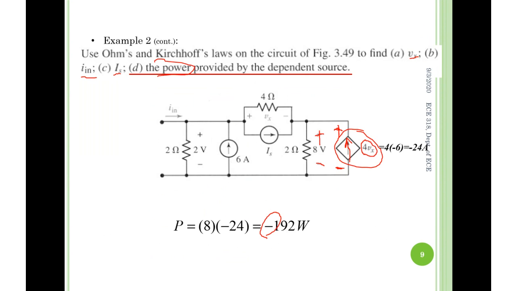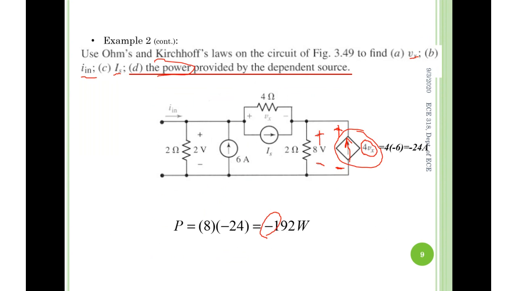Remember in circuit 1, we learned we might end up with positive power or negative power, respectively meaning what? Positive power meaning what? Negative power meaning what? Anyone remember? Positive power means it's either absorbed or supplied. Any other answer?